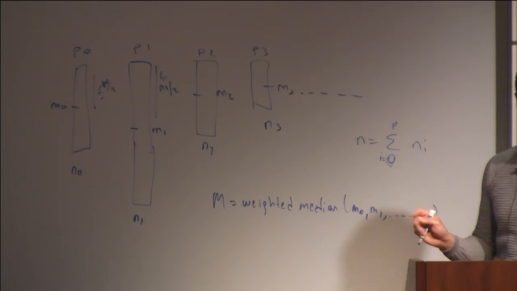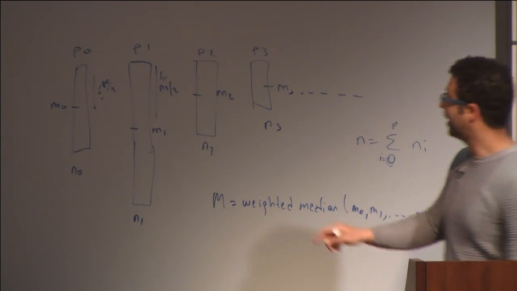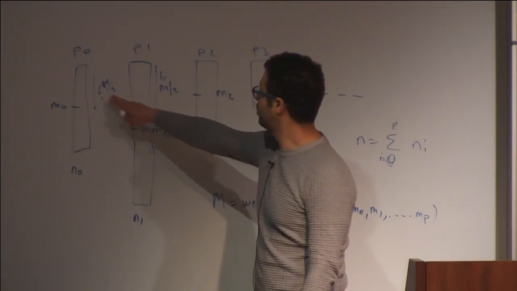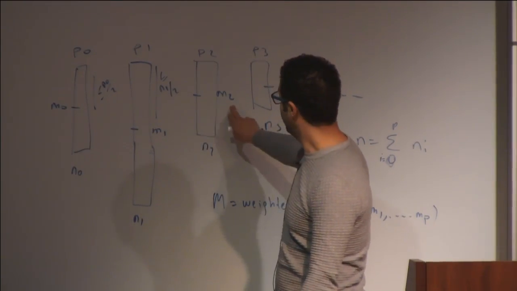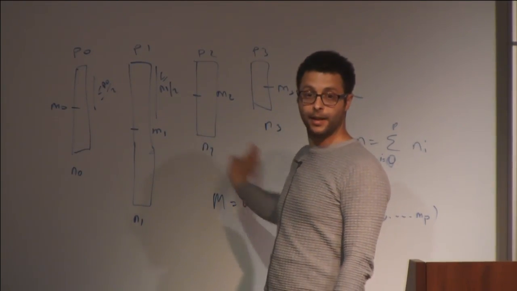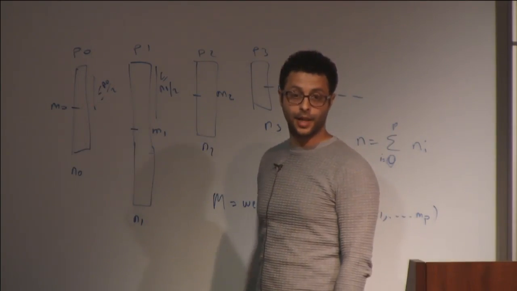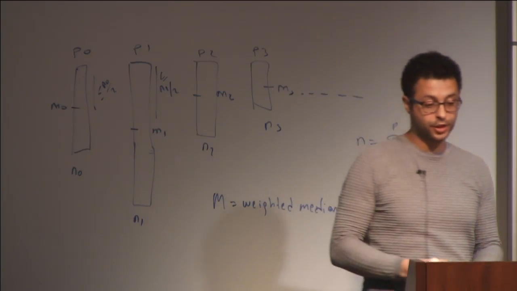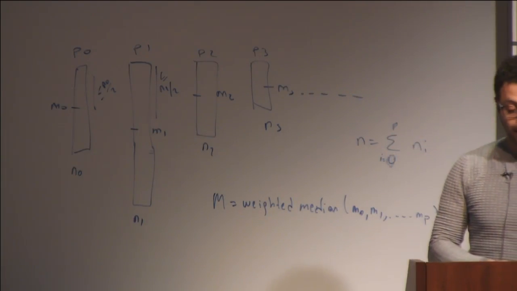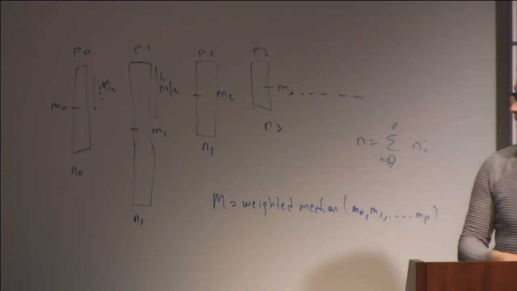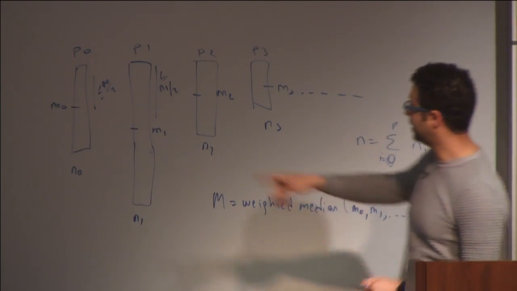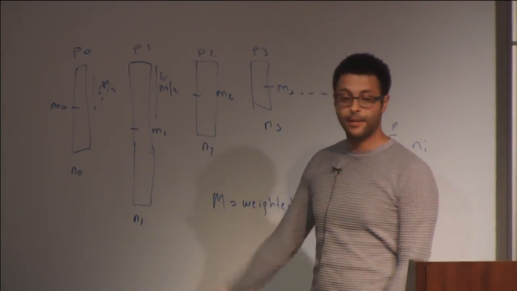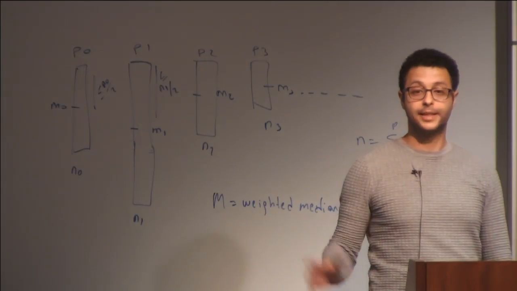By definition, of these elements, N0 over 2 elements, N1 over 2 elements, and N2 over 2 elements, the top halves are less than or equal to capital M by the weighted median definition. And if you sum up their sizes, because you're scaling them by the weights, you'll see that n over 4 of them are exactly in that group.